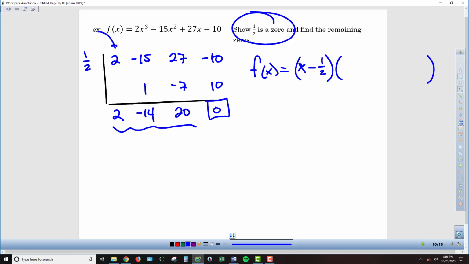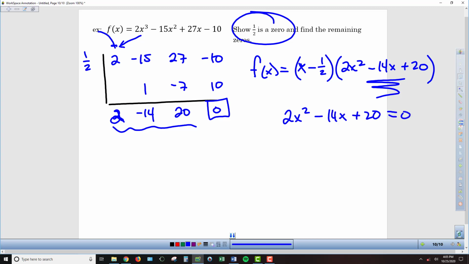So remember, this was the coefficient in front of x cubed, so that means this 2 down here is going to be the coefficient in front of x squared. We always go down by one exponent. So we've got 2x squared minus 14x and then plus 20. So I need to solve this quadratic by setting it equal to 0 to find the remaining zeros of this polynomial function.